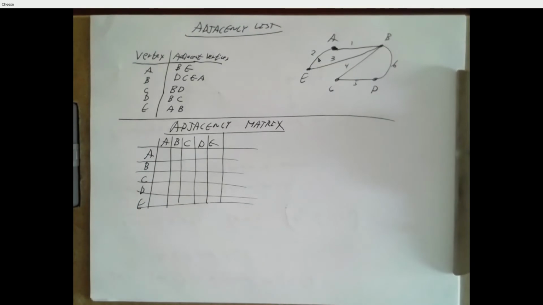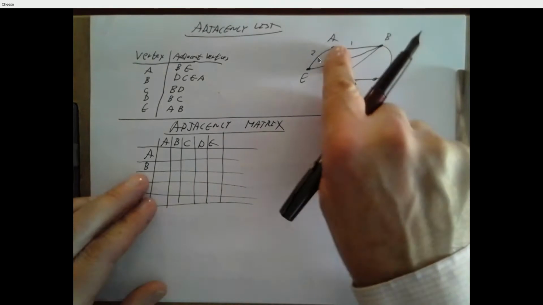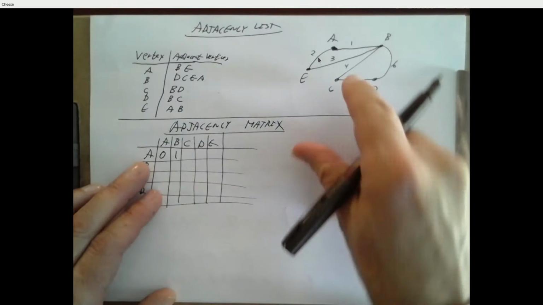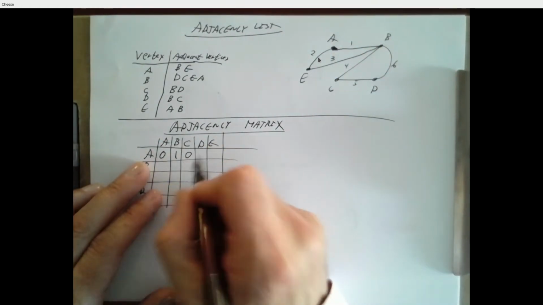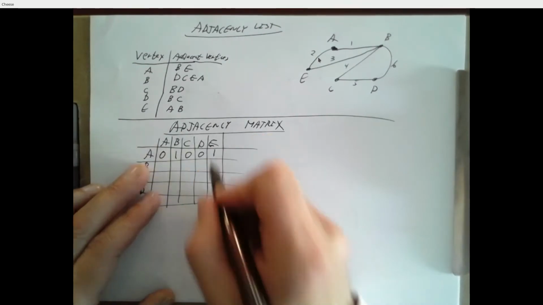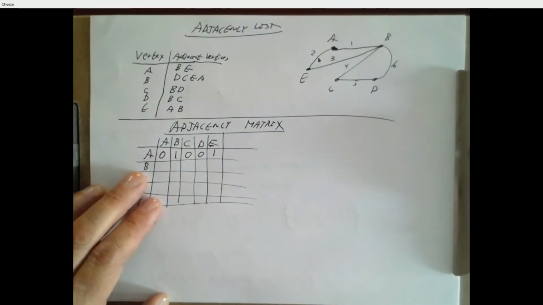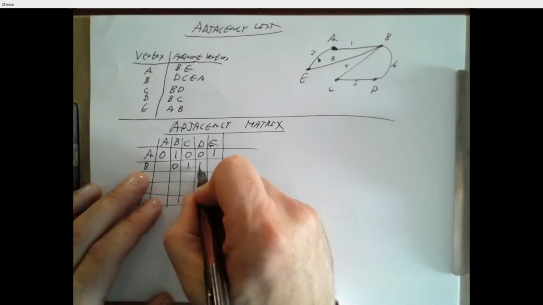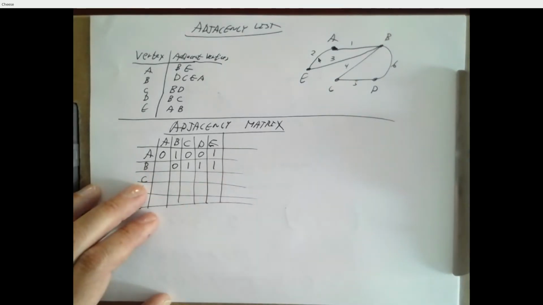So an adjacency matrix, we can use something like a 1 or a 0 or a true or a false to show which vertices are connected to which. So there's no edge connecting A to A. There is an edge connecting A to B. There's no edge connecting A to C or A to D. And there is an edge from A to E. B, there's no edge from B to B. There's one from B to C and B to D and B to E. And so we can just fill in this matrix.